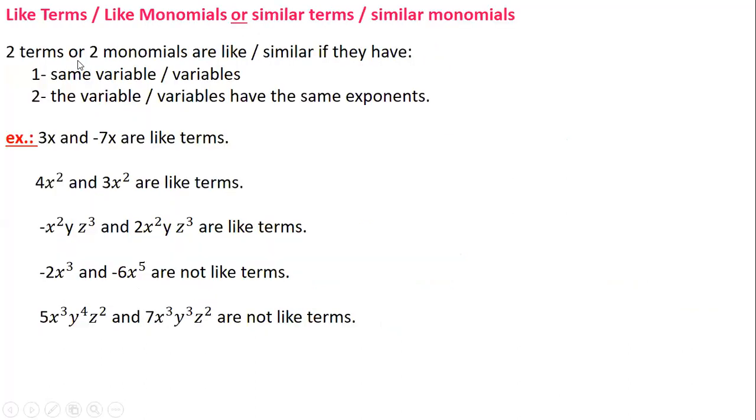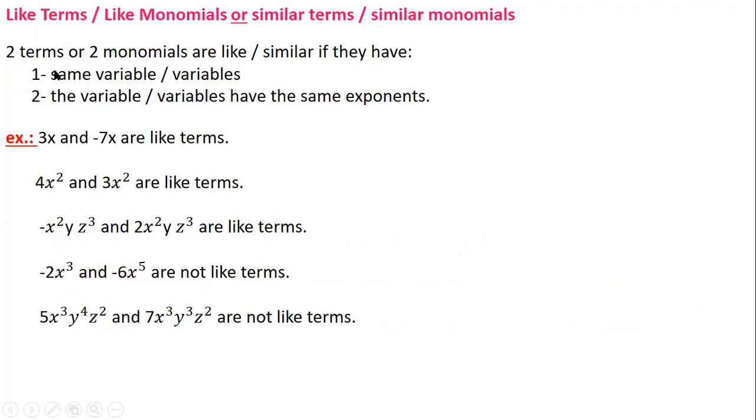Now, in specific, I will talk about like terms or like monomials, or we call them similar terms or similar monomials. Similar, they have something in common. Which terms do we call them? Like terms or similar terms, like monomials or similar monomials?